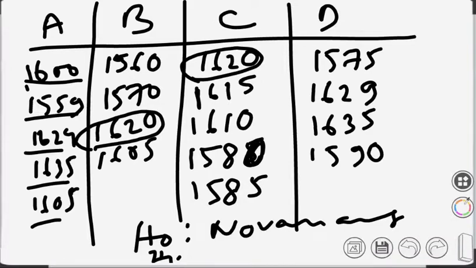Sir, 1635 in column A is also occurring twice. That's okay. You can subtract any constant value, for your convenience.